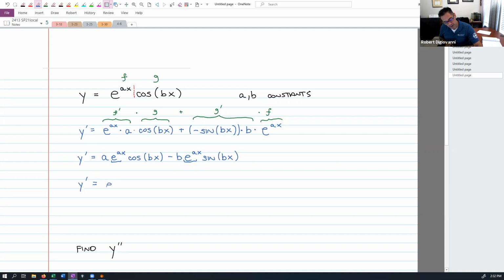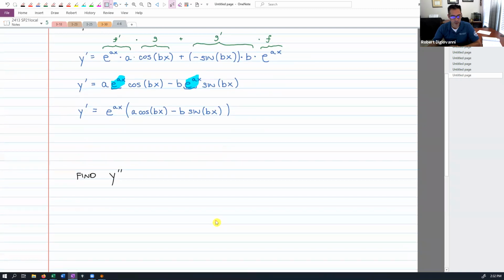I can factor out an e to the ax, and I'll be left with a cosine of bx minus b sine of bx. So if you remove this and pull it out in front, then you would have this times all of the stuff that was left. Questions on that step?